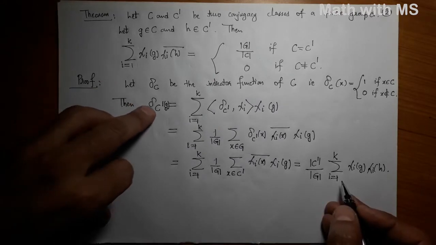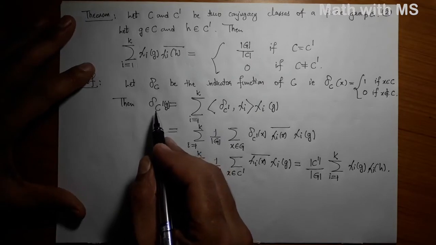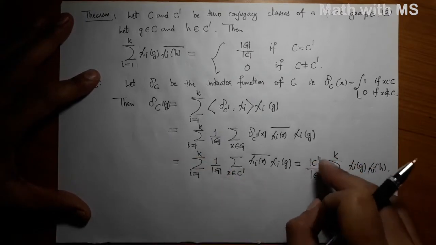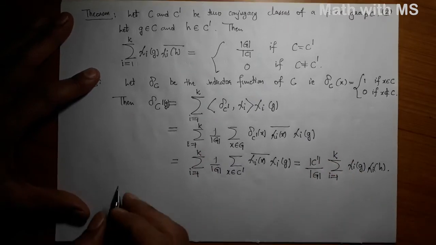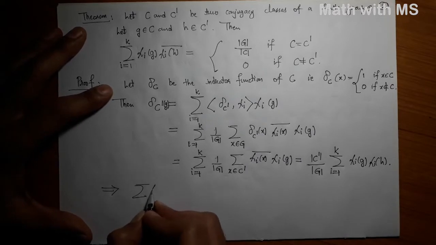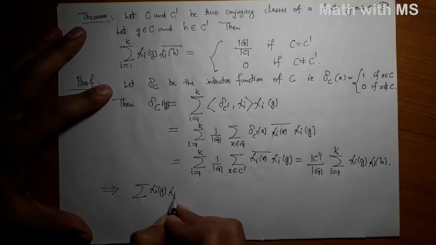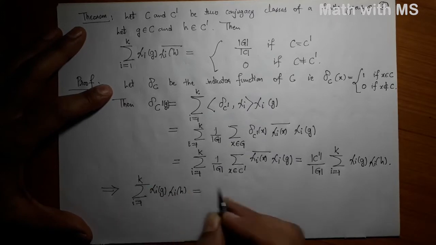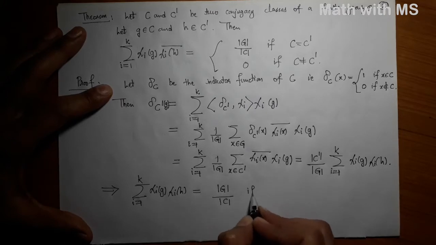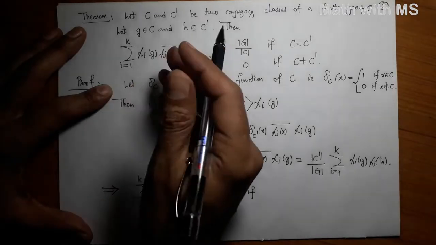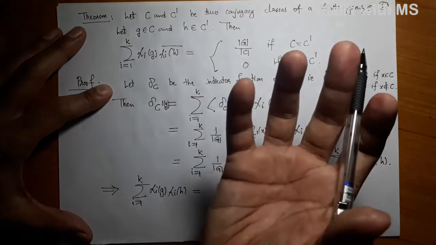Observe that the left hand side survives if and only if g is in C prime. So from there, therefore I can bring this constant order of C prime by order of G on the left hand side, and this implies that summation chi i of g, chi i of h bar, i from 1 to k is equal to order of G divided by order of C if g is in C prime, but g is in C and conjugacy classes form a partition, so they are either the same or distinct.